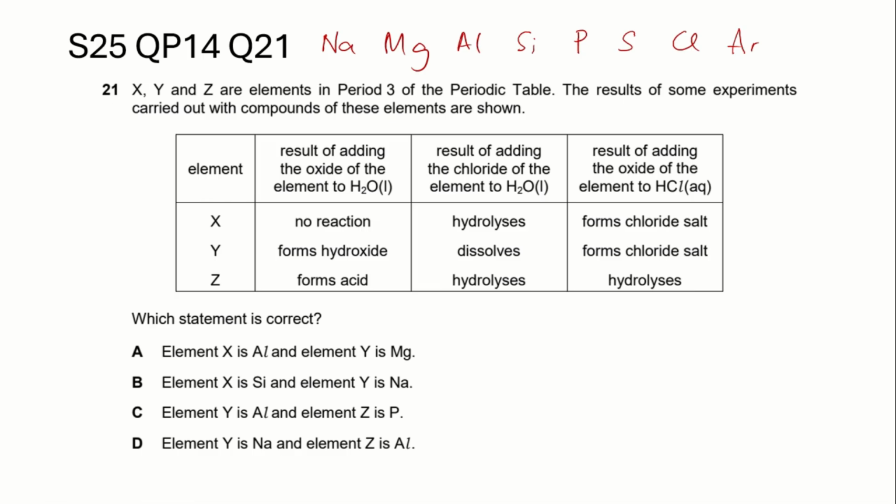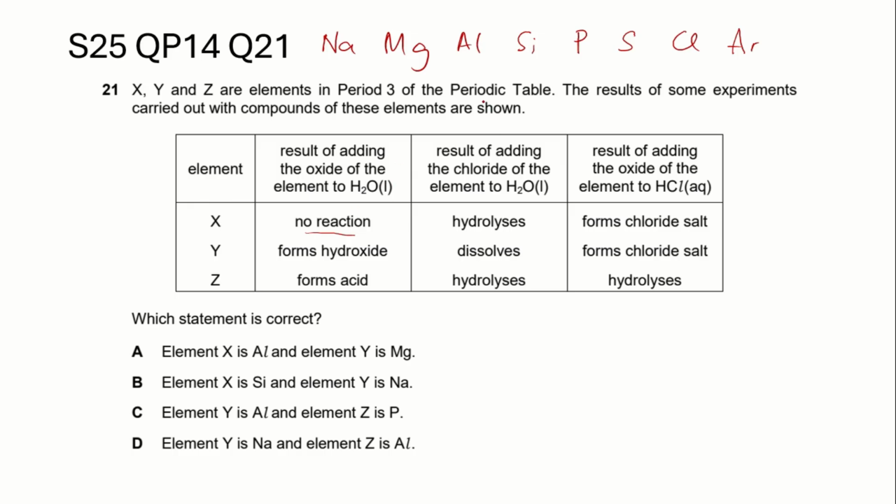There are three elements X, Y, and Z in period 3 of the periodic table. Here are the results for experiments carried out with the compounds of X, Y, and Z. Element X, let's look at the result of adding the oxide of X to water. There's no reaction.